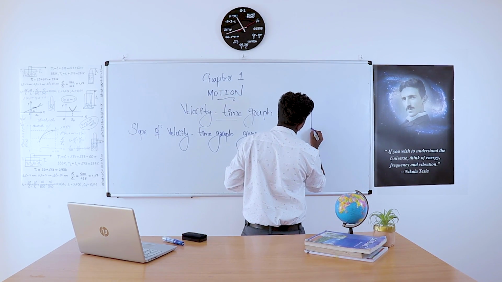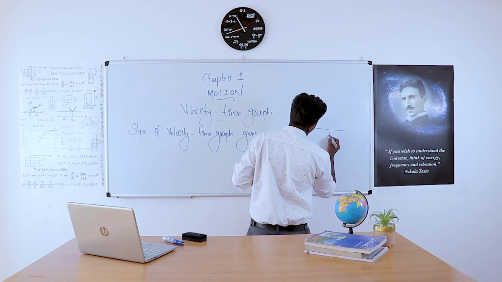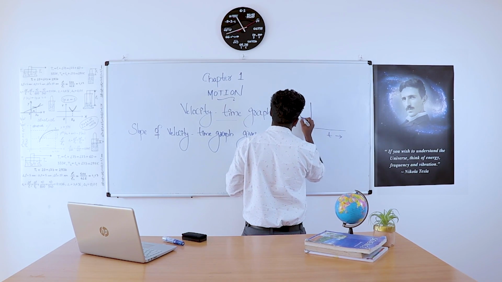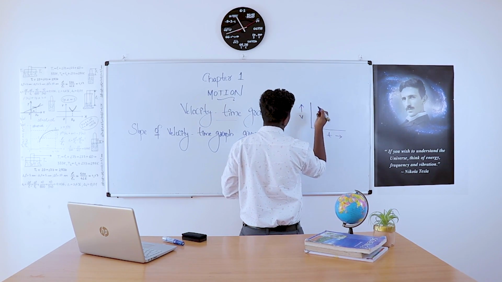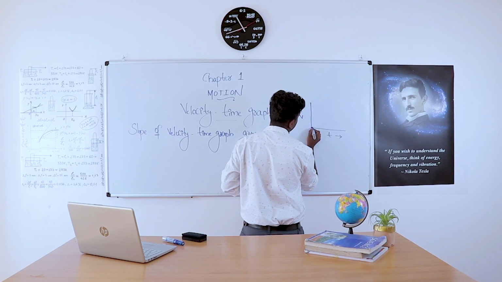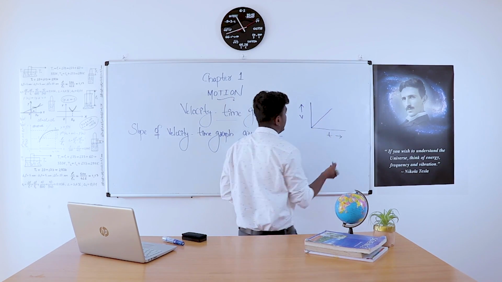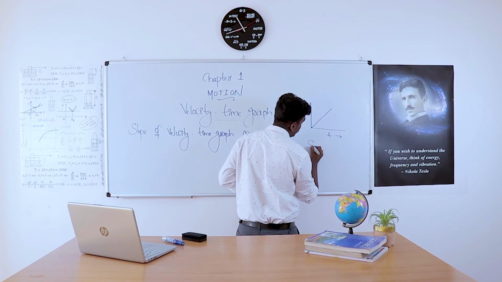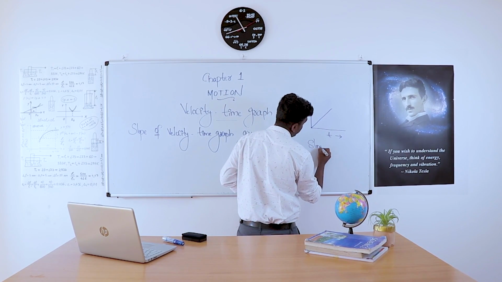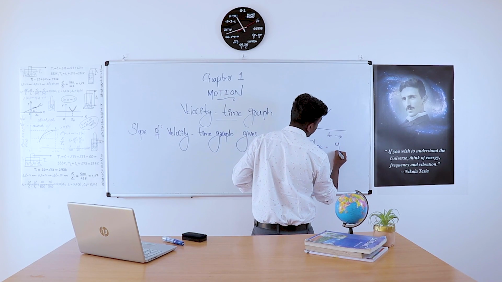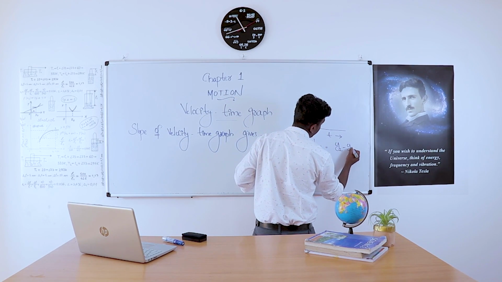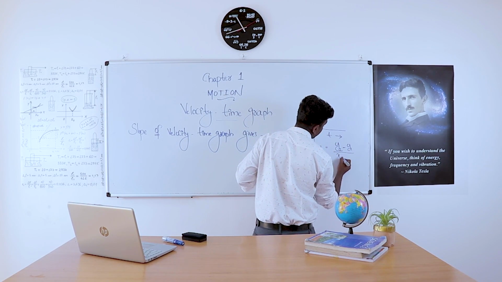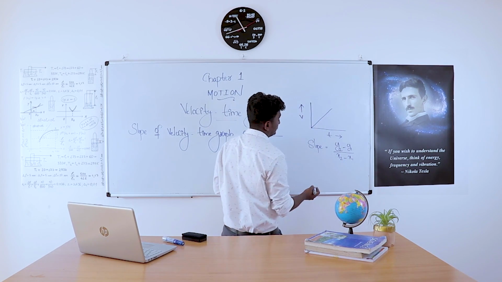I am just considering a graph, time along x-axis, velocity along y-axis, a straight line starting from origin. We already know how to find slope. Slope of a line is y2 minus y1 by x2 minus x1.